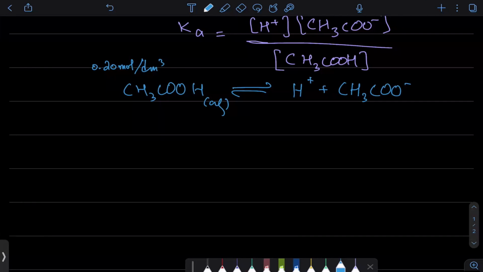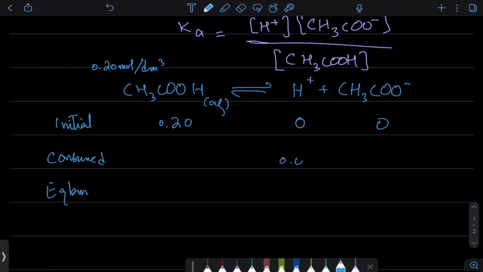So now the concentration of this thing initially, so in ICE we have three rows: initial, consumed or reacted, and at the end or equilibrium. So this is initially 0.2. This H positive is 1% of that. So initially it is 0. But when the reaction happens, this will be 1% of 0.2. So 0.2 times 0.01, that is 1%.